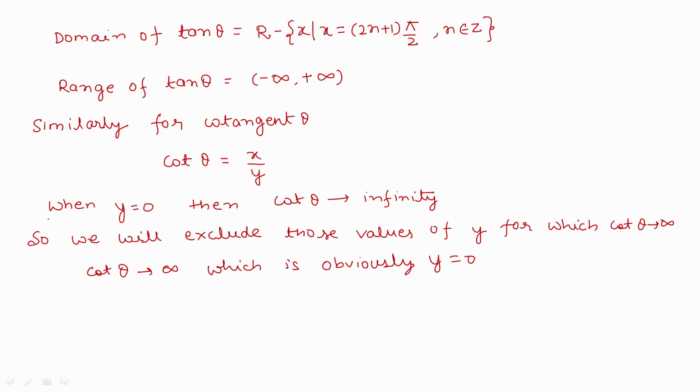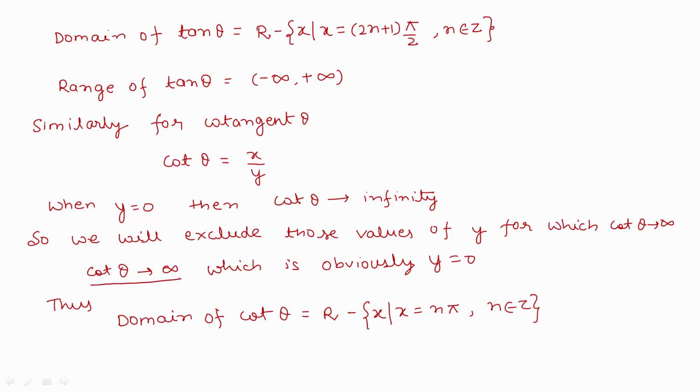Thus the domain of cot theta is equal to the entire set of real numbers minus those values for which theta is equal to n pi, where n belongs to Z, because at every multiple of pi, cot theta approaches infinity.